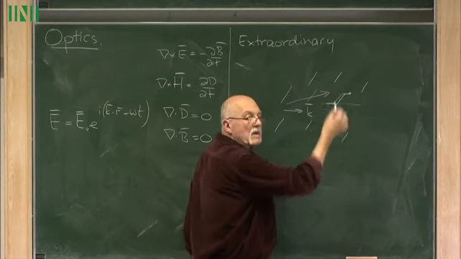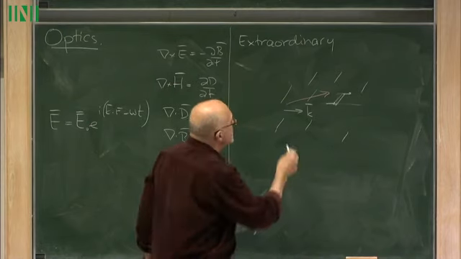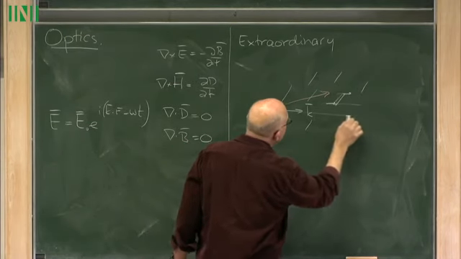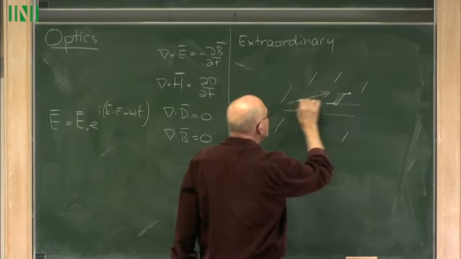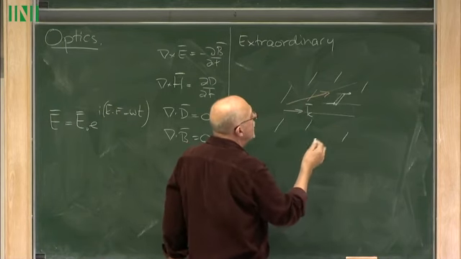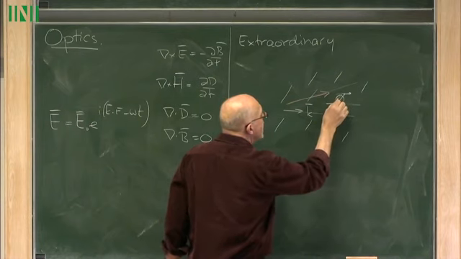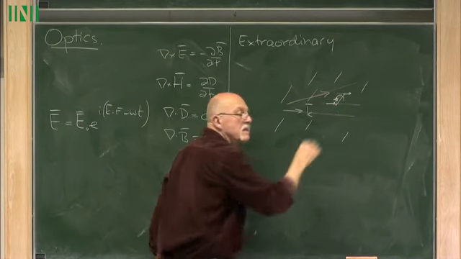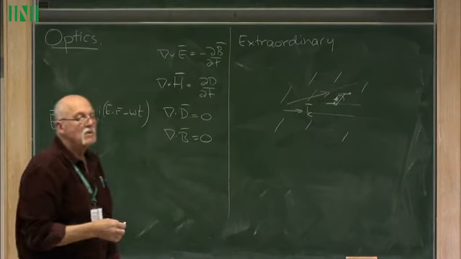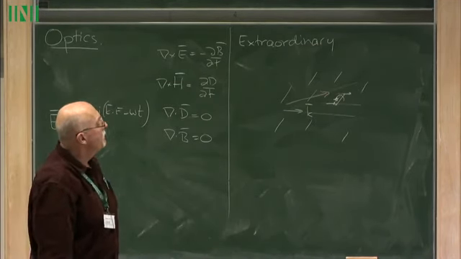There's no lever arm, whereas here it's non-zero. So as the wave goes this way, photons continually exert momentum on this part, and so this molecule wants to rotate this way. This is something that is quite easy to see experimentally.